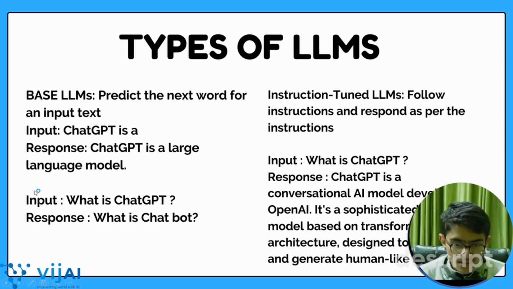It will not respond with "what is chatbot." Rather, it will give you the definition of what ChatGPT actually is. Like this one has given me: ChatGPT is a conversational AI model developed by OpenAI. It is a sophisticated language model based on transformer architecture designed to understand and generate human-like text.